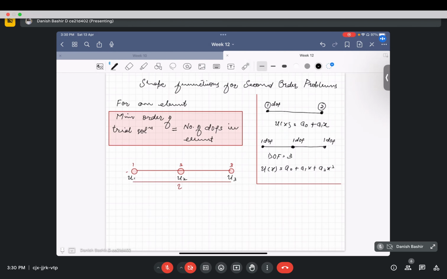The minimum polynomial I have to assume is the quadratic polynomial. So a quadratic polynomial trial solution is required, where we assume u of x to be equal to a naught plus a1 x plus a2 x square.